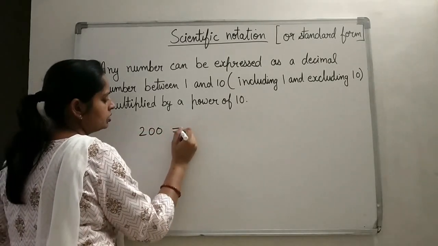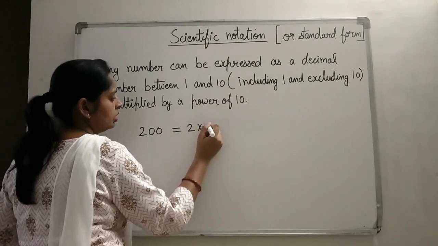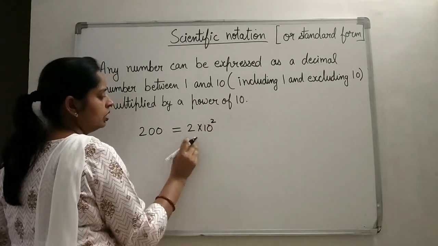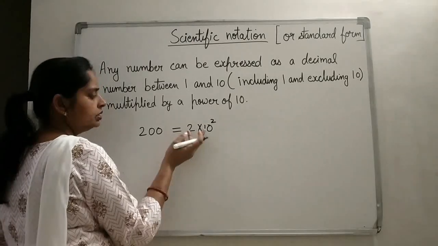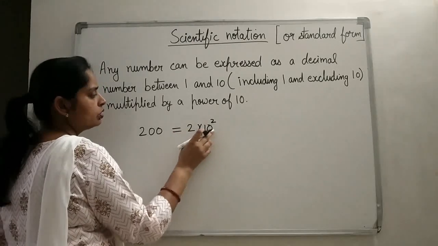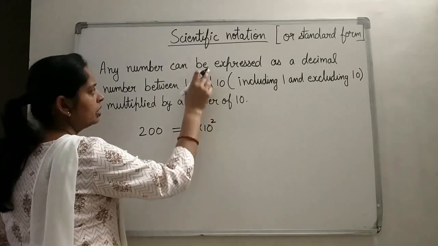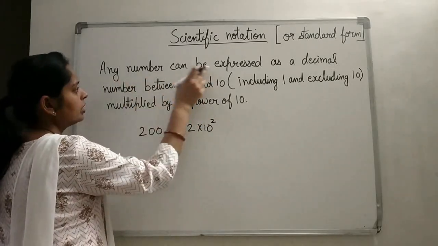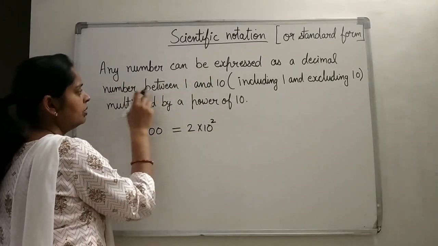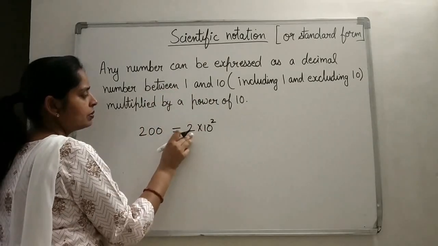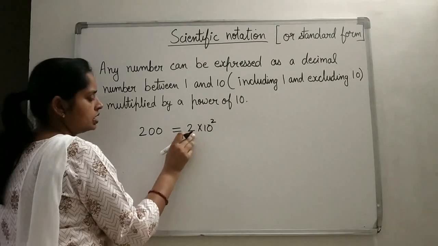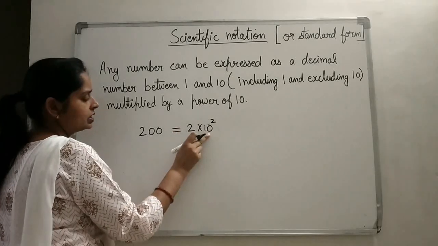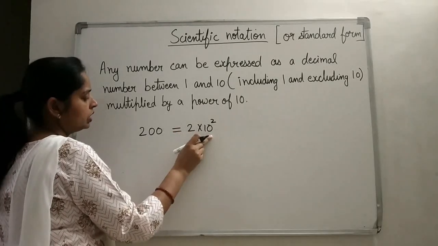You can write 200 as 2 into 10 to the power 2. 2 is a decimal number, 2.0. So the number lies between 1 and 10 and is multiplied by a power of 10, right?